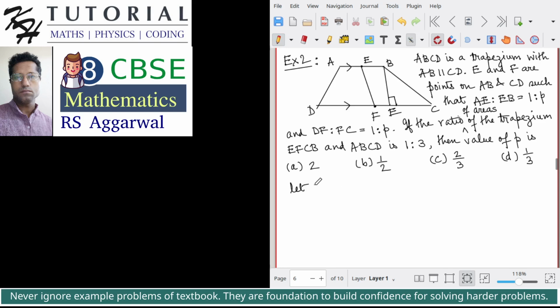So we will draw a perpendicular BE to DC. This implies that BE is equal to the height of trapezium ABCD, that is the main trapezium, and also of the trapezium EFCB. Okay. Now we need to know the bases of the two trapeziums.